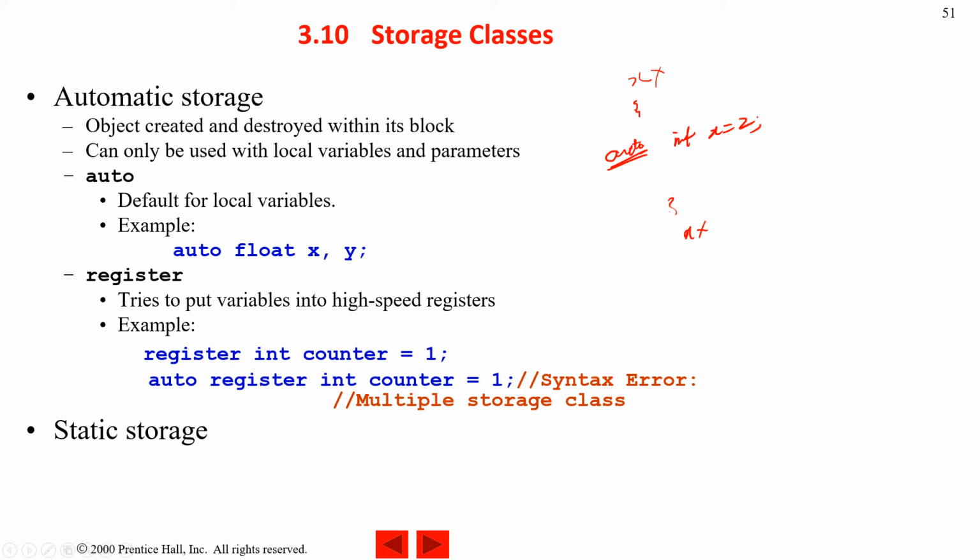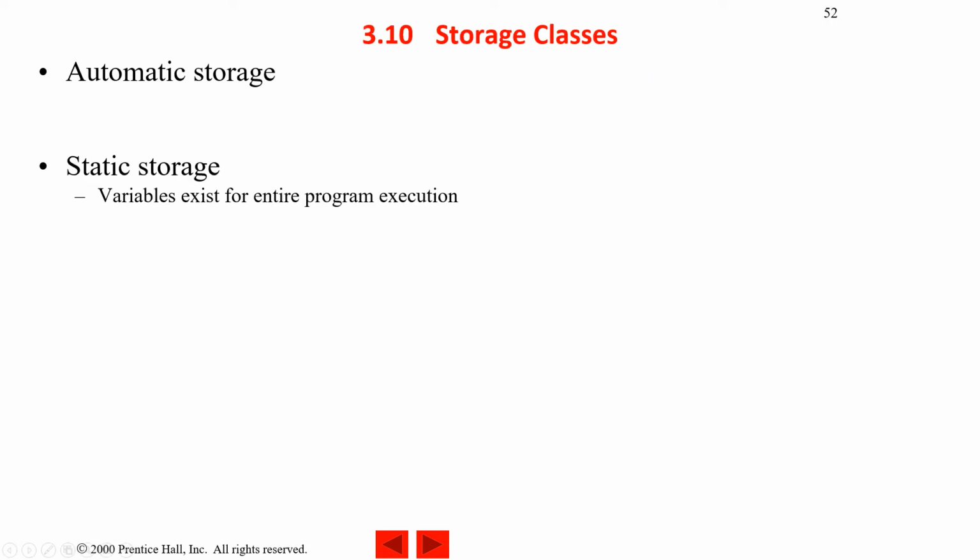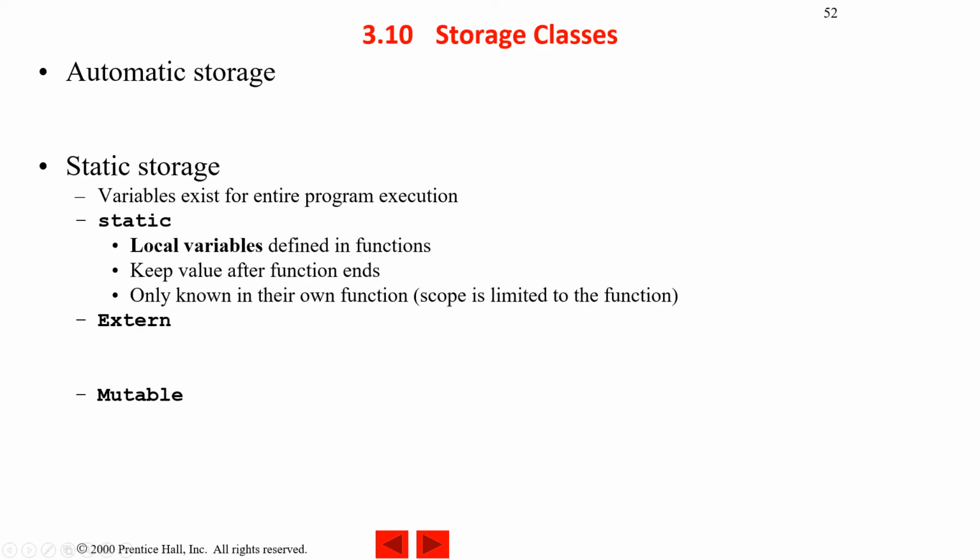The important one is the static storage, as I said. So static storage means that a variable, which may or may not be a local variable, is going to keep its value even when the function ends. The scope is the same as the scope of a function.